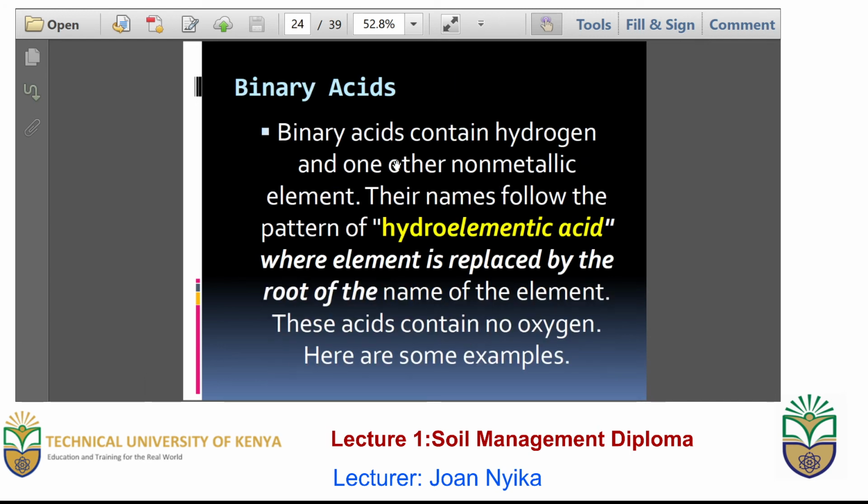Binary acids contain hydrogen and one other element. Their names follow what we call the hydroelementic pattern, where the element is replaced by the root name of the element. These acids contain no oxygen.